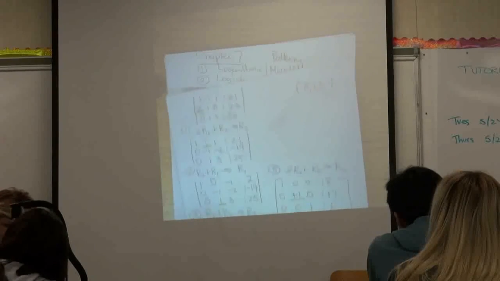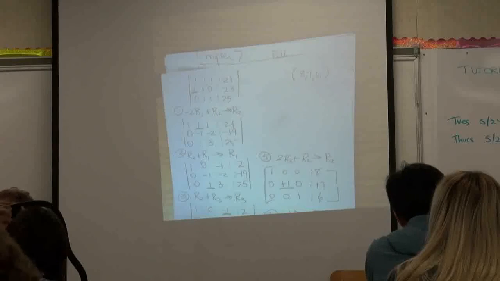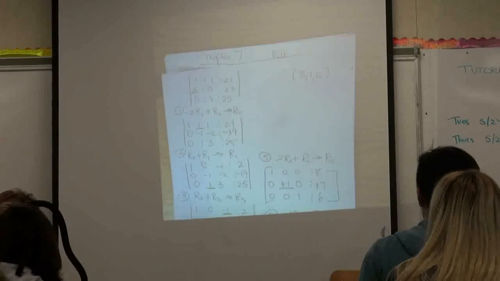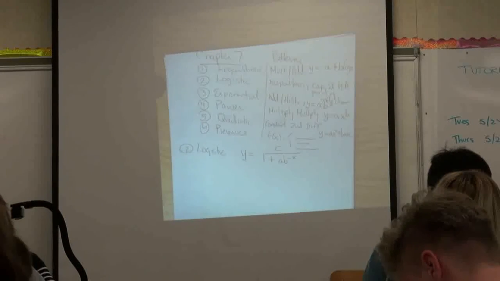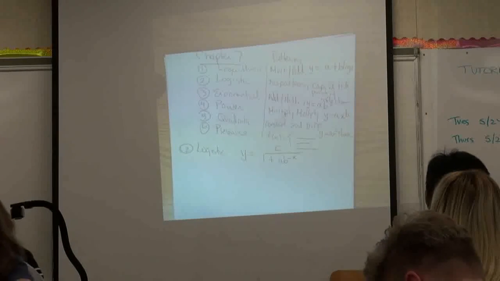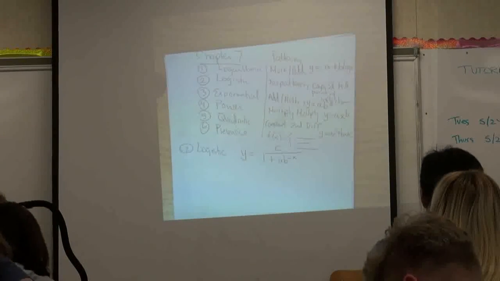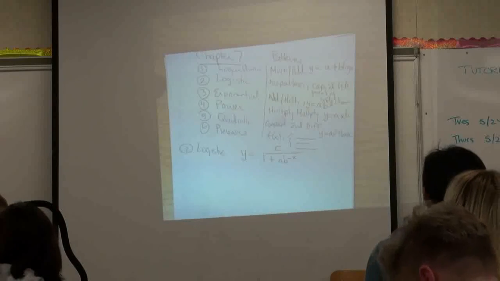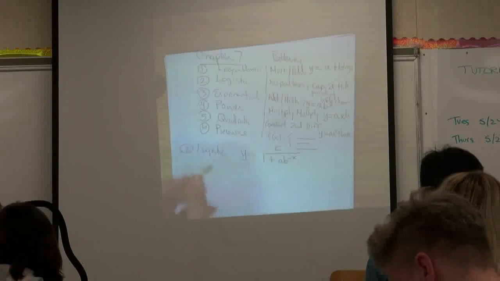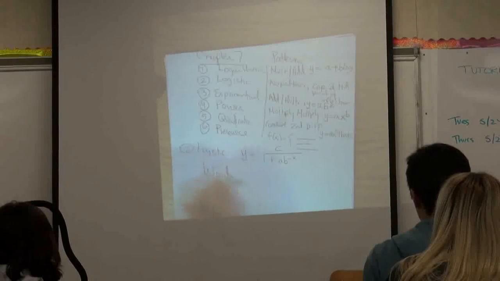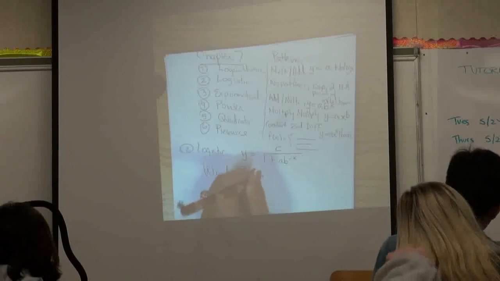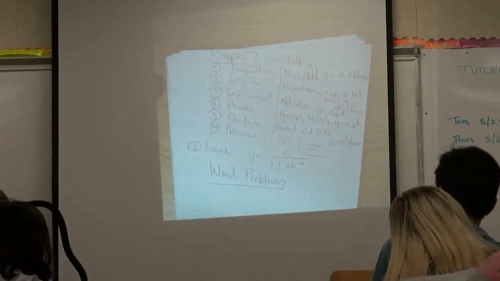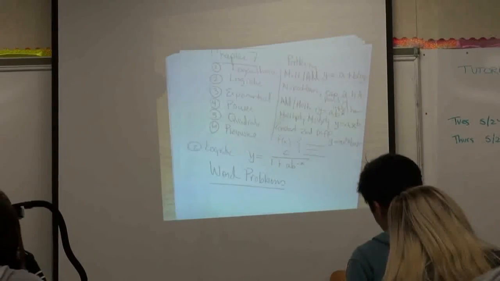And did you have row operations on the free response for matrices? And when you got to chapter 7, what was on the free response? Word problems.